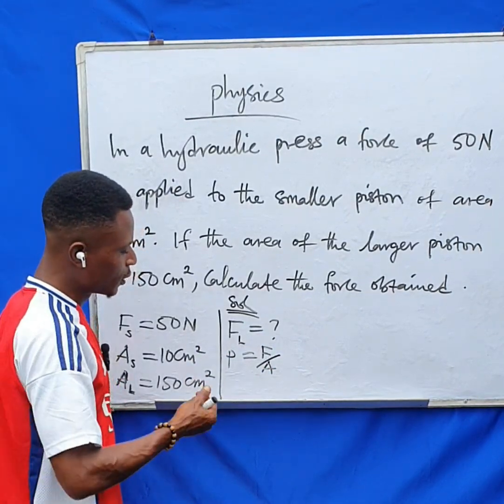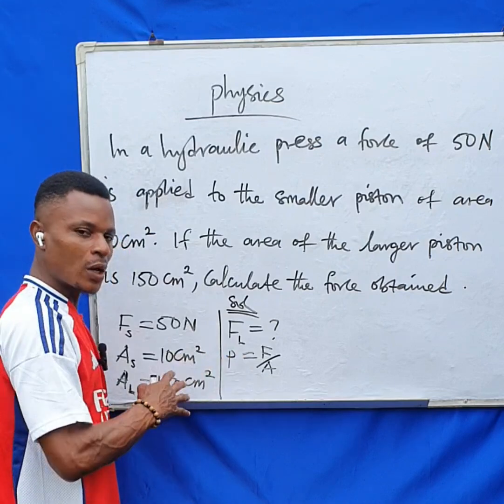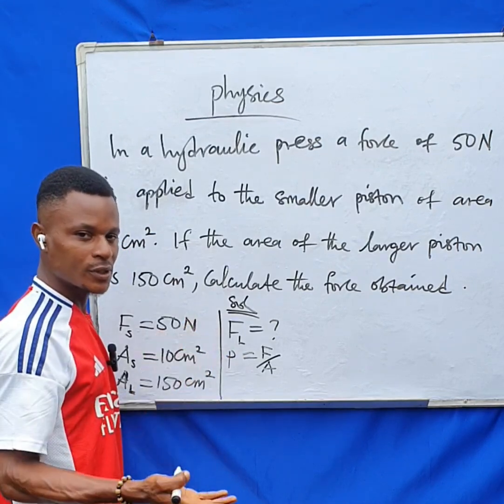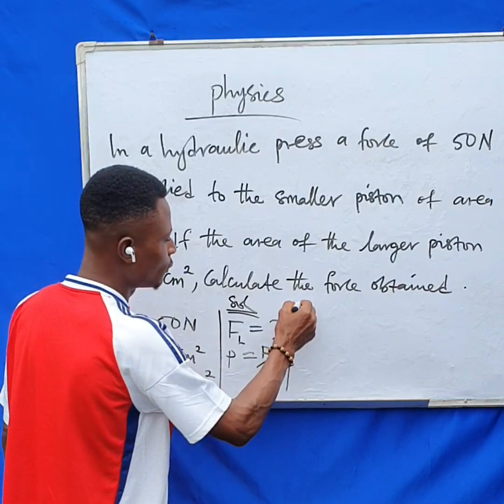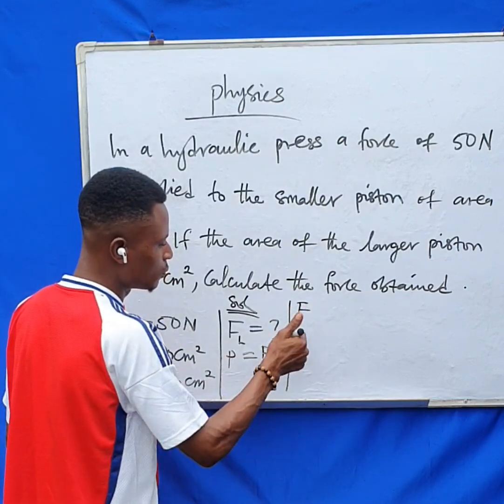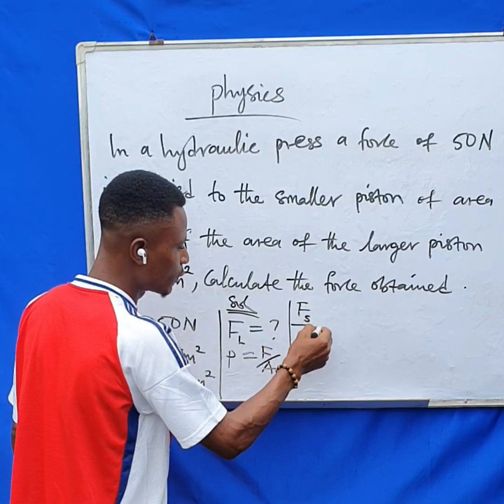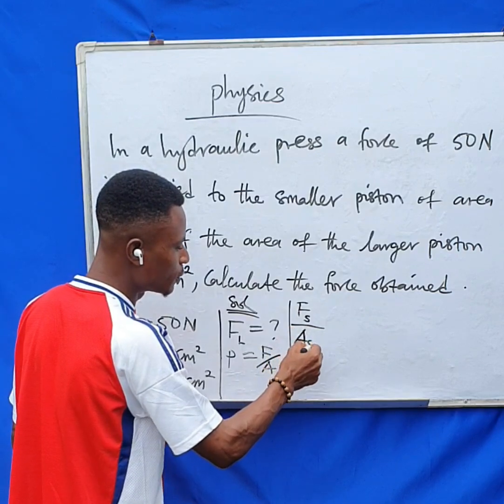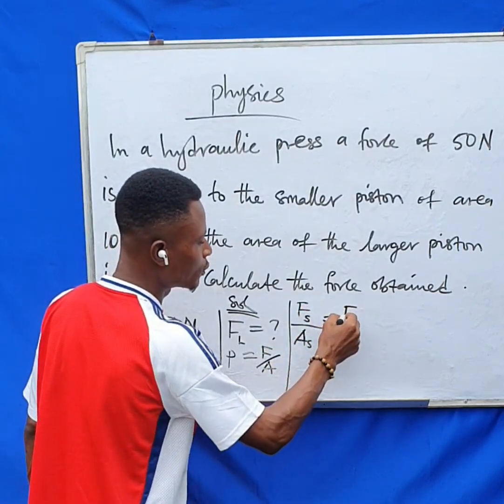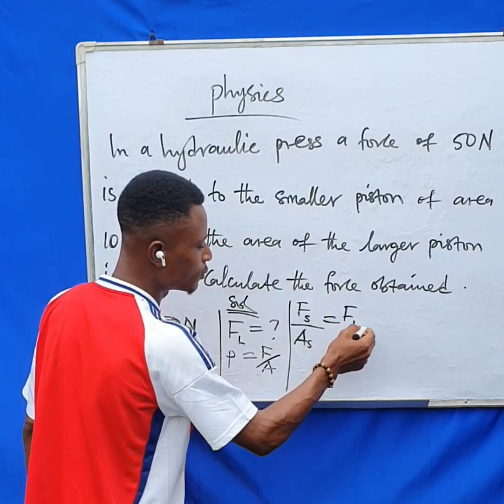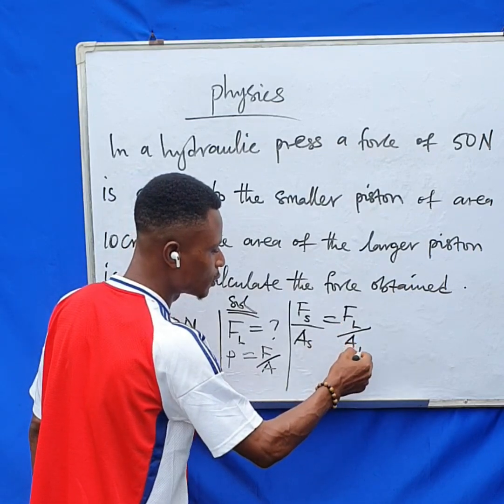If that's the case, we have smaller piston and larger piston. If this is constant, that means we can say that the force of the smaller piston divided by the area of the smaller piston is equal to the force of the larger piston divided by the area of the larger piston.